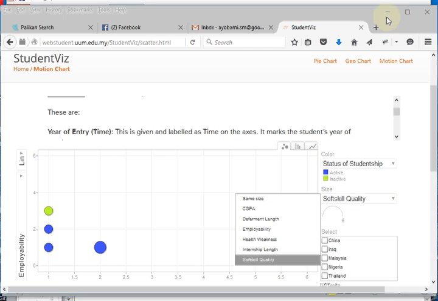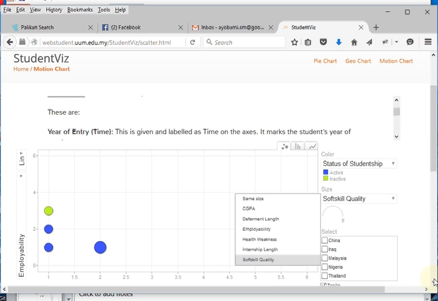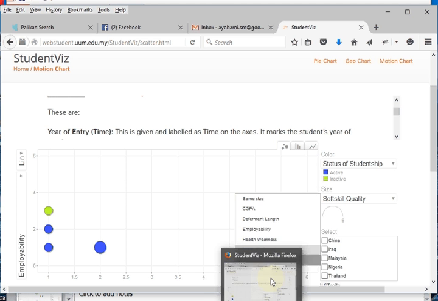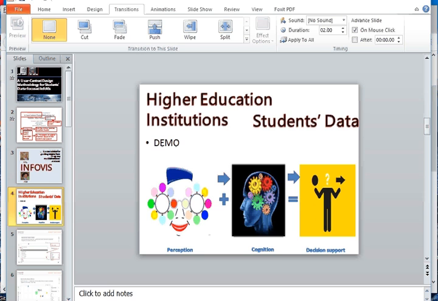So it is hard for users to make sense of this information without an information visualization tool to really explore this voluminous data set.